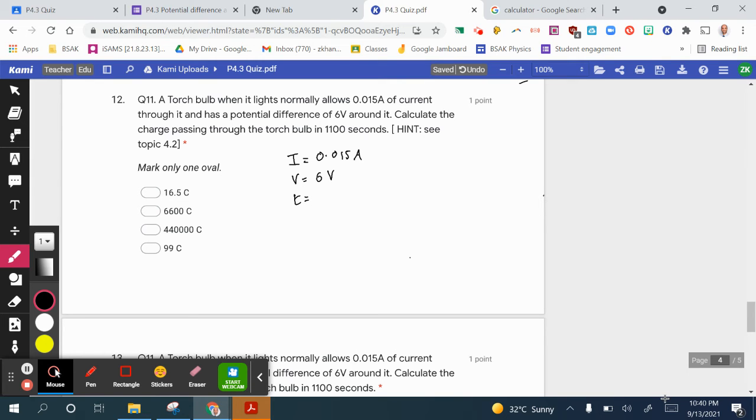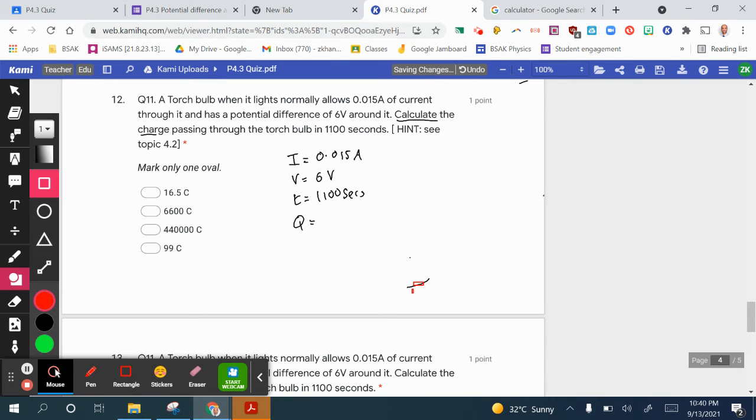So we've got time given to us of 1100 seconds. Okay, so we've been asked to calculate the charge. So for the charge, we use the letter Q as a symbol. We could just write charge, but I've just abbreviated it.